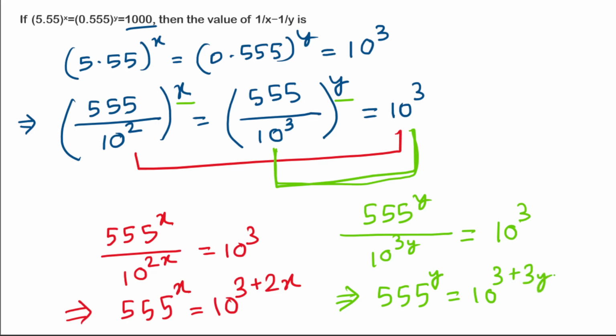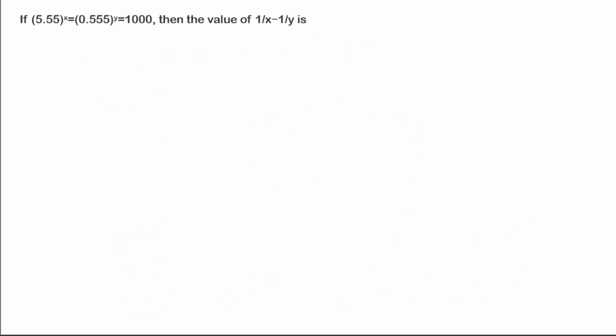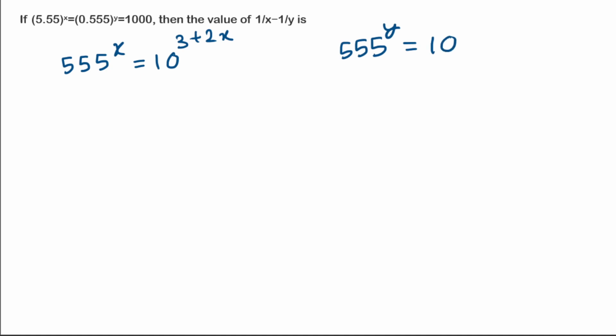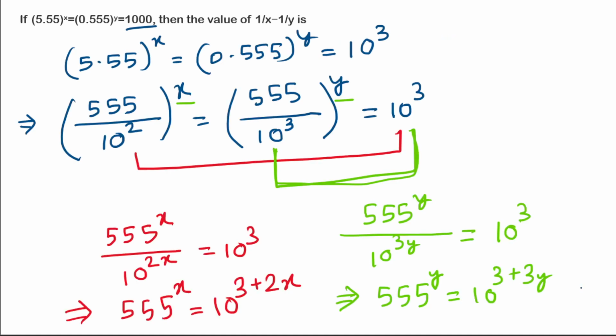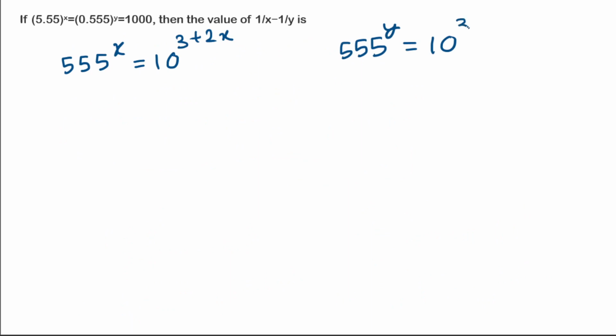So now we have two equations. One is 555 to the power x equals 10 to the power 3 plus 2x. Another equation is 555 to the power y equals 10 to the power 3 plus 3y.